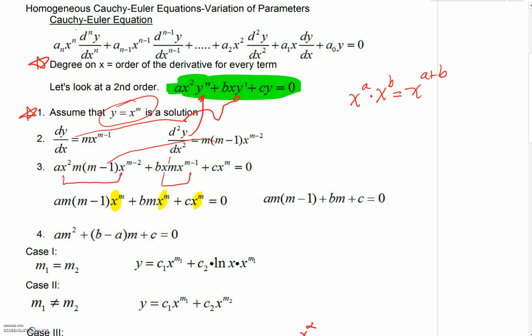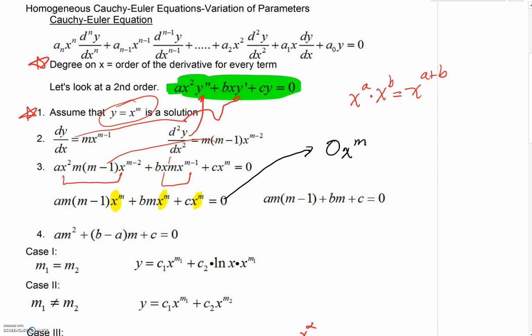Now, we can look at this in two different ways. You could correctly divide every term by x to the m, and you'd have a greatly simplified equation. Or you could look at the right-hand side.